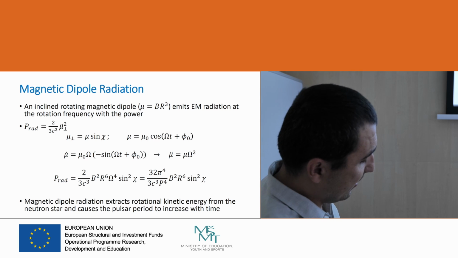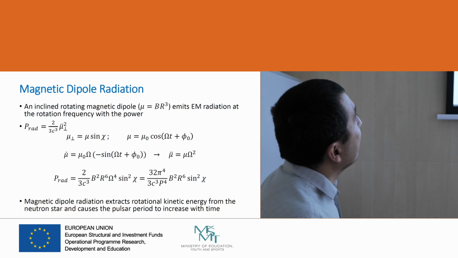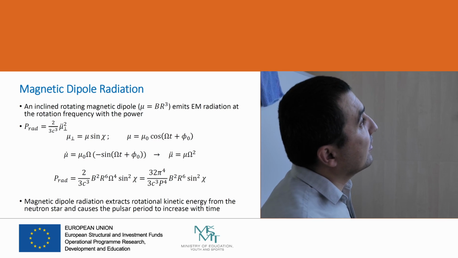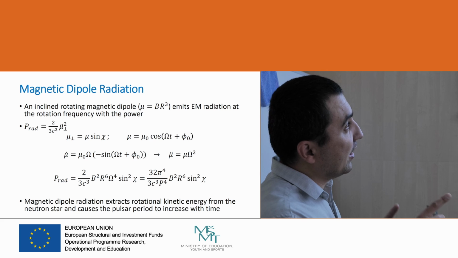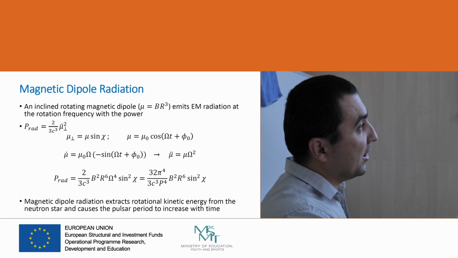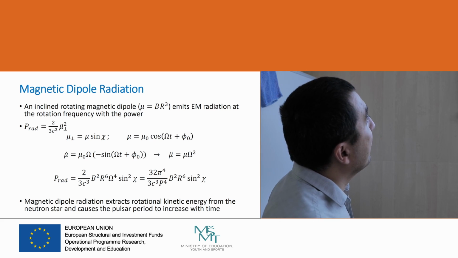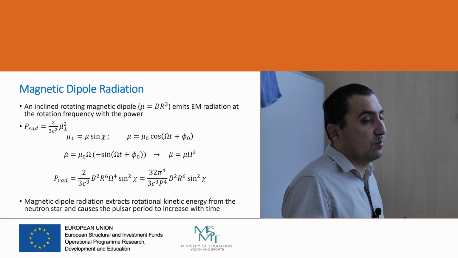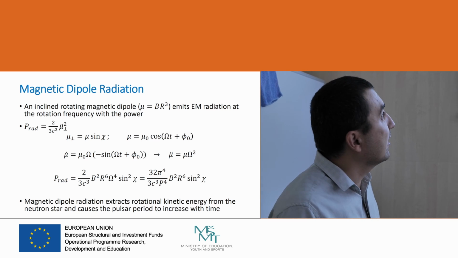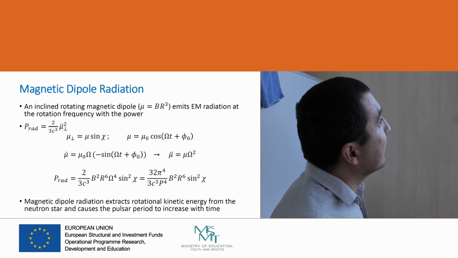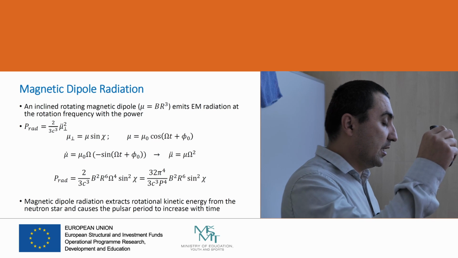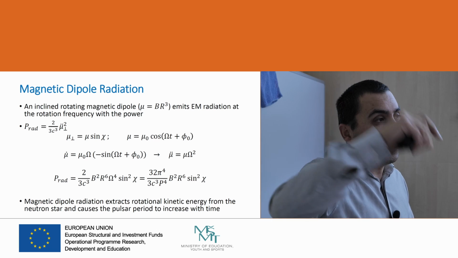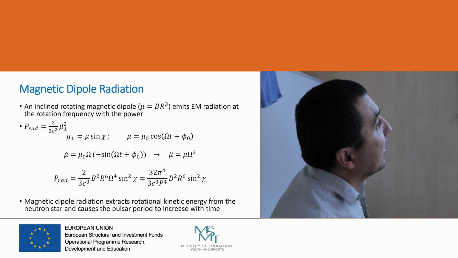So here we show the pulsar radiation mechanism, the mechanism of this electromagnetic radiation, the dipole radiation. Here the pulsar is modeled as a neutron star with a dipolar magnetic field configuration, and this dipole has an inclination angle between the spin axis of the neutron star's rotation and the dipole axis.